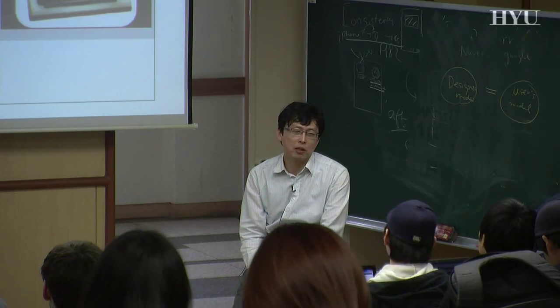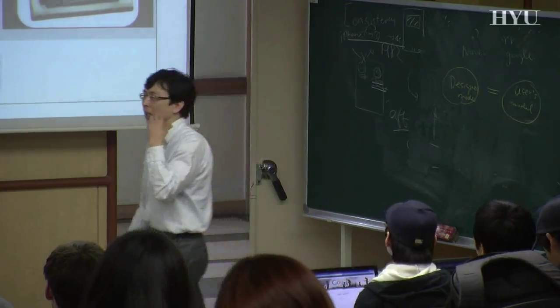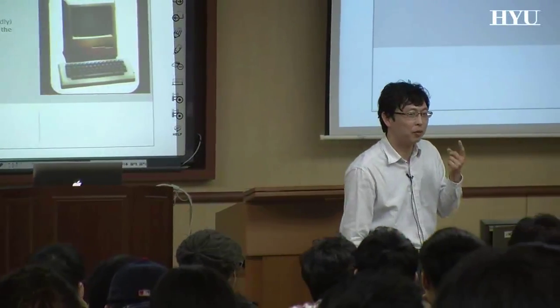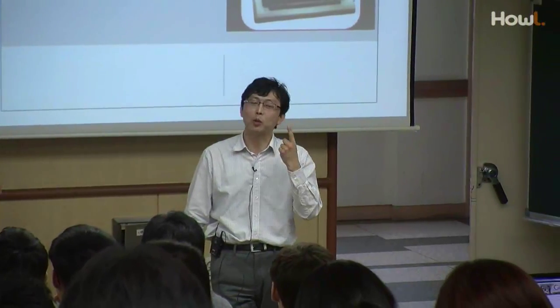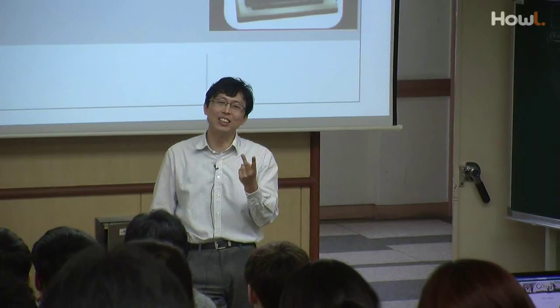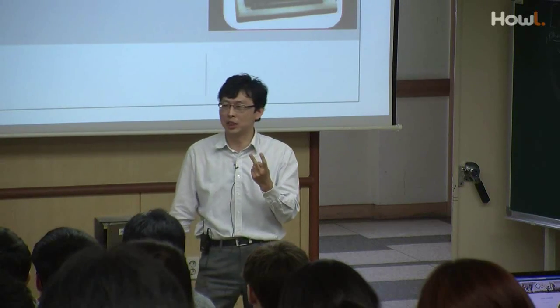What Steve Jobs considered is two things. If I want to sell my product to make big money, I need two things. The first is an easy-to-use system, which means no learning is needed to use the computer. The second is how to control this computer.